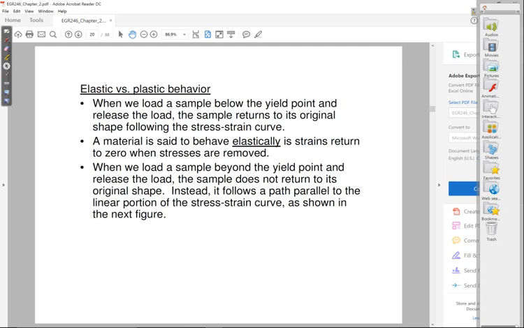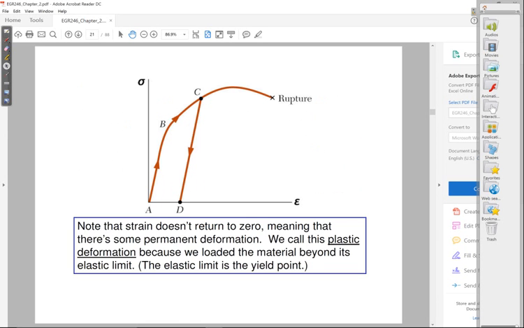Since in mechanics and materials, especially at this introductory level, we're only interested in the linear region. So I'm going to skip over all that talk about the plastic region. If you were to continue on in graduate school for mechanical engineering, you actually can take a class in plastic behavior.